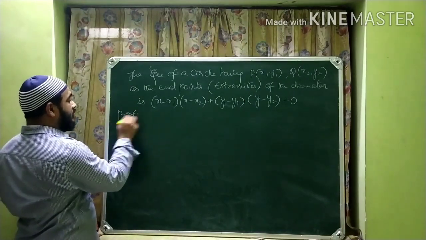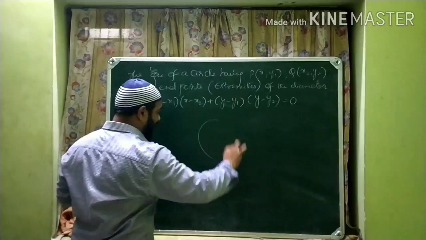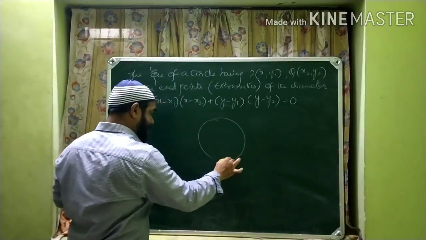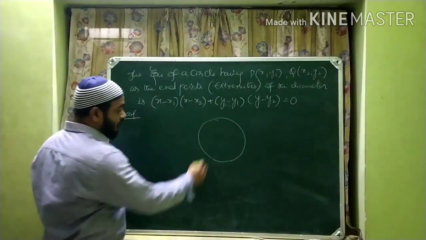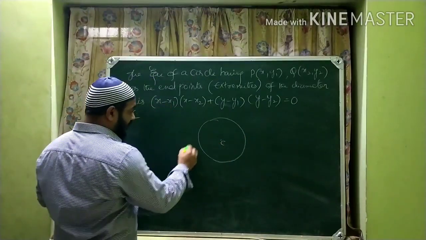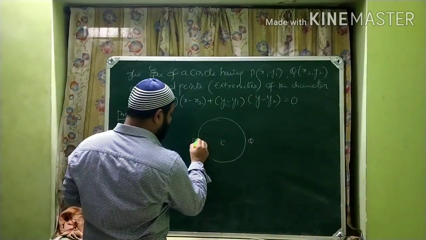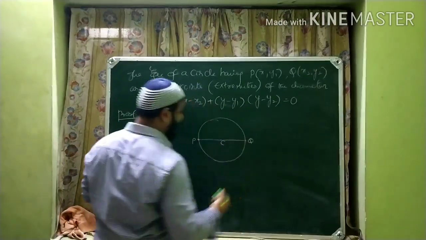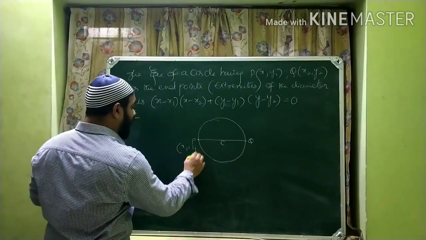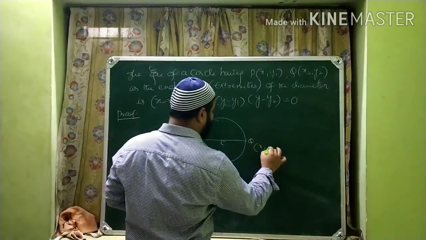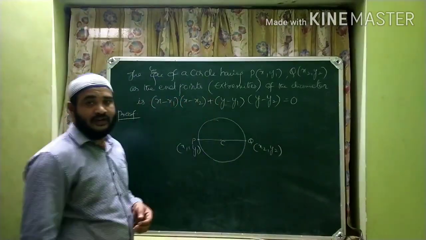prove this? So let us take one circle. So this is the center of the circle, and let us suppose P comma Q is the diameter. So P (x1, y1) and Q (x2, y2) are the two ends of the diameter.